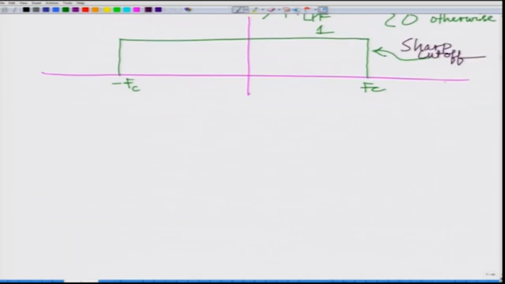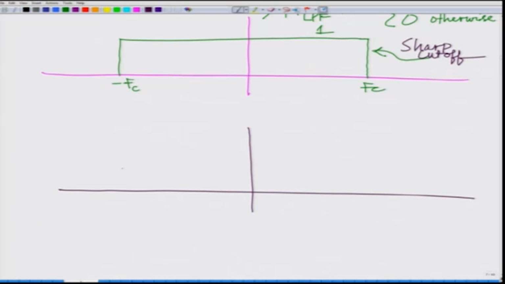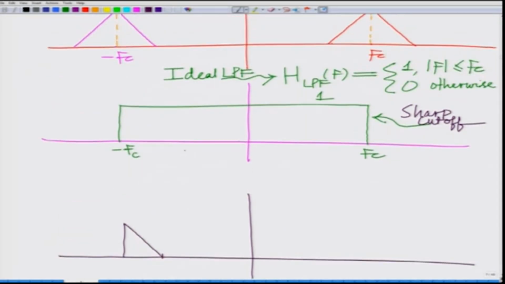And what this yields is the lower side band.